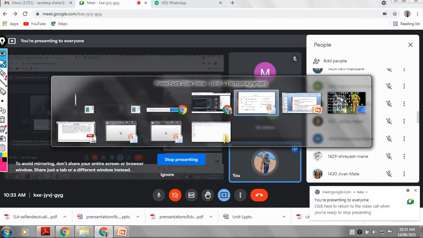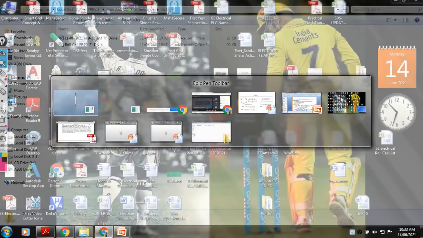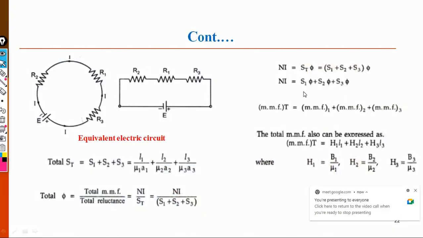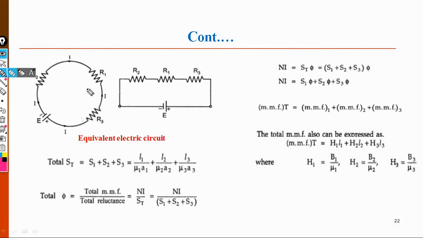Now in this circuit we need several parameters. This is the circular ring, with resistances R1, R2 and R3 and the current I flowing through it.